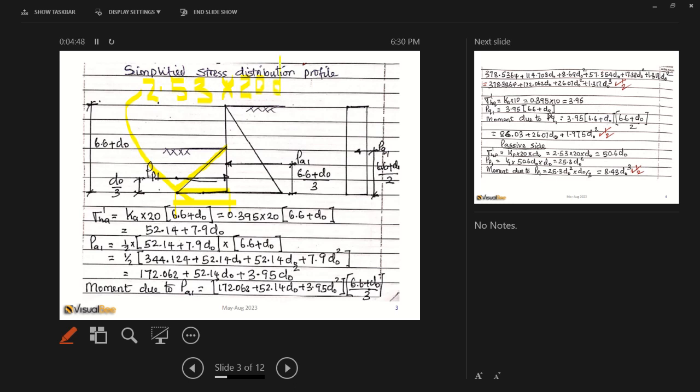Then the area is half the base times height, which is d. So that's the force, times the distance to the center, which is d naught over 3. It should be fairly straightforward.